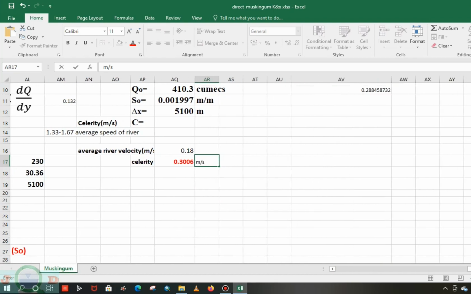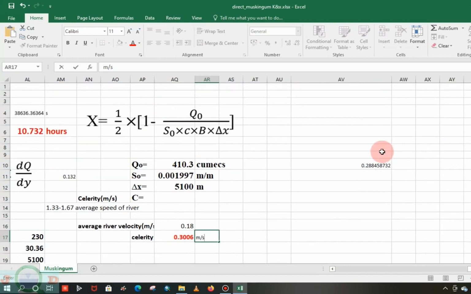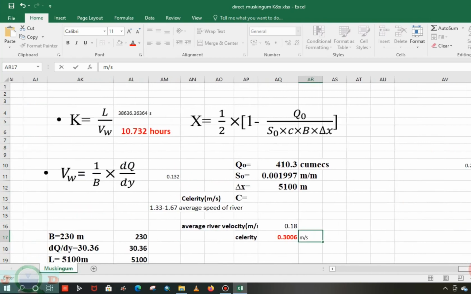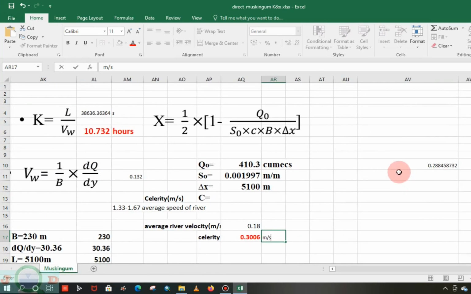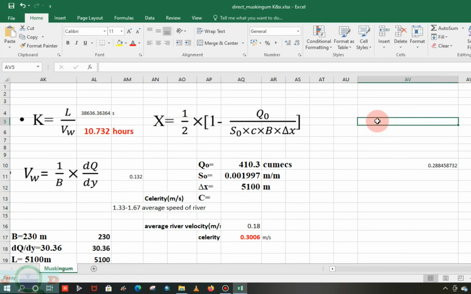Now substitute all these values in this x, that is the weight factor of the Muskingum equation.